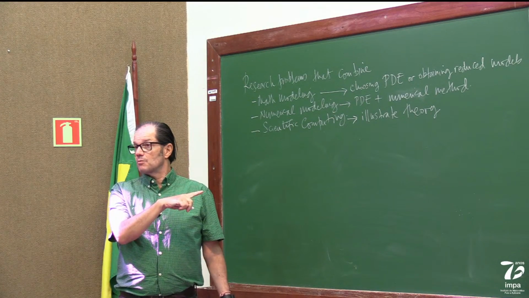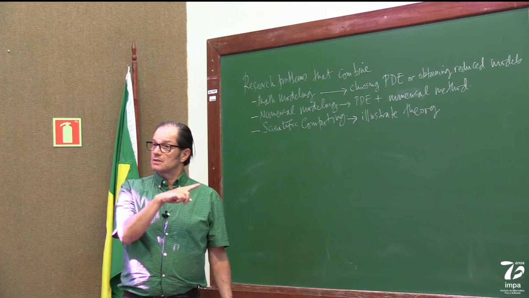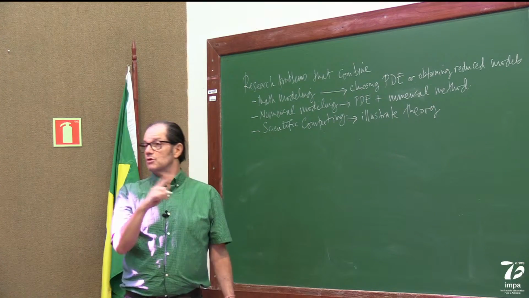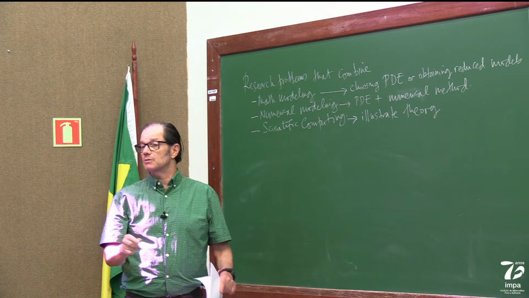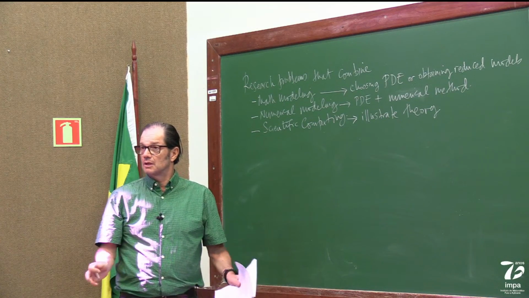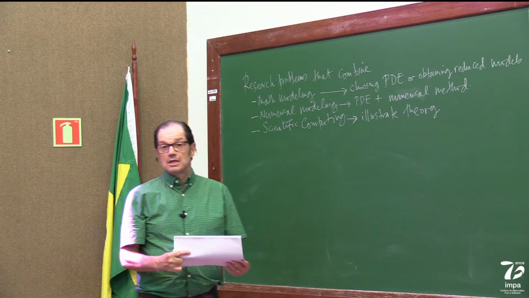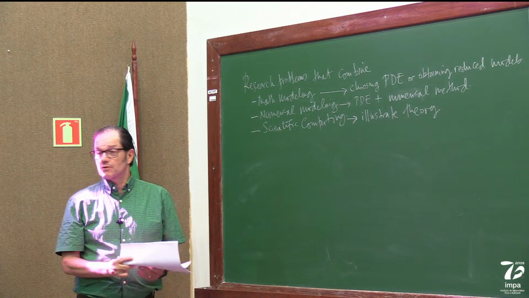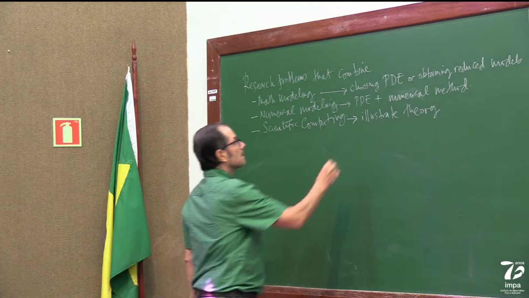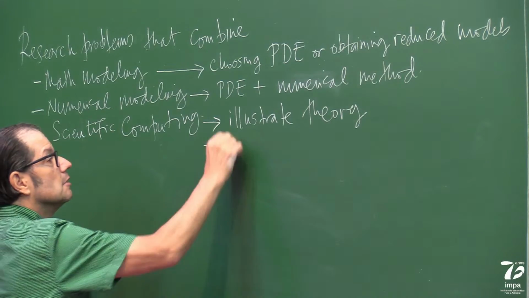The Krasny problem I showed you is an example of that, because Moore's results were very complicated mathematically, but he couldn't prove a theorem, and Krasny provided numerical evidence of the results.